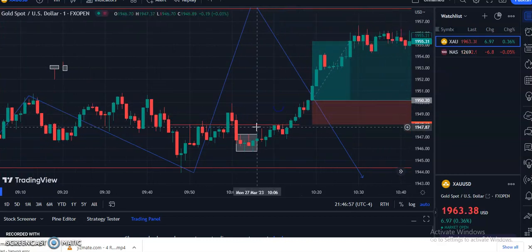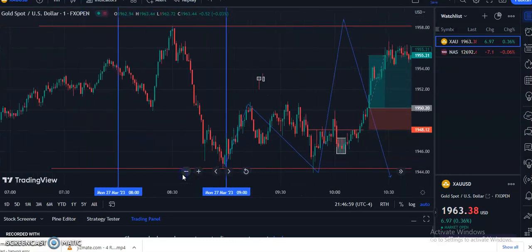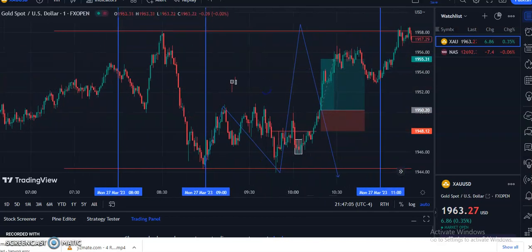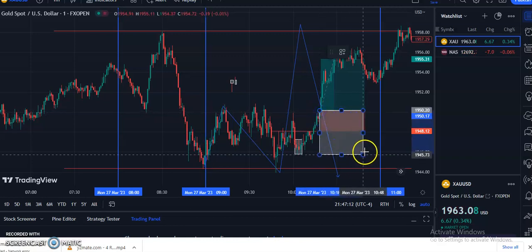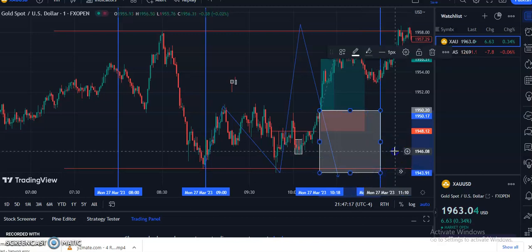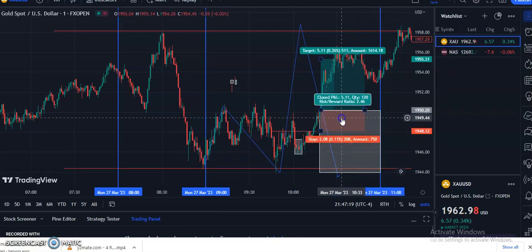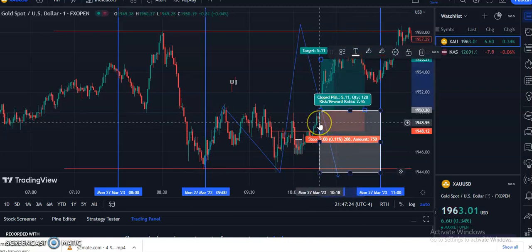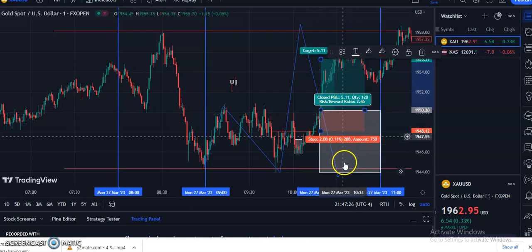Now, to me, this was also a low probability setup because of the amount of area that could have been stop hunted, all this area up to here. So if this setup forms below here and it is compressed, there is no very big distance to stop hunt and play tricks on you.